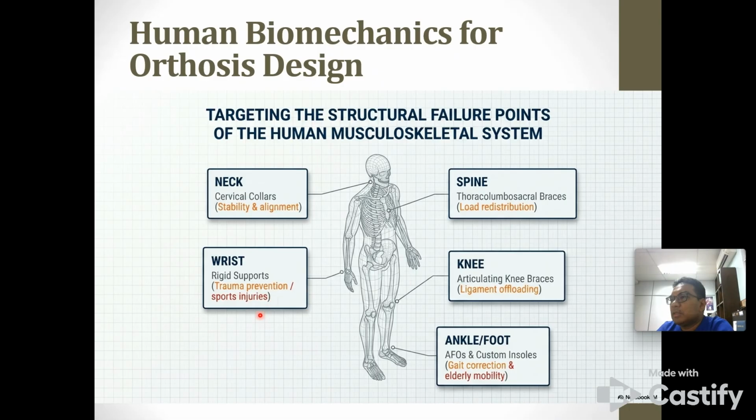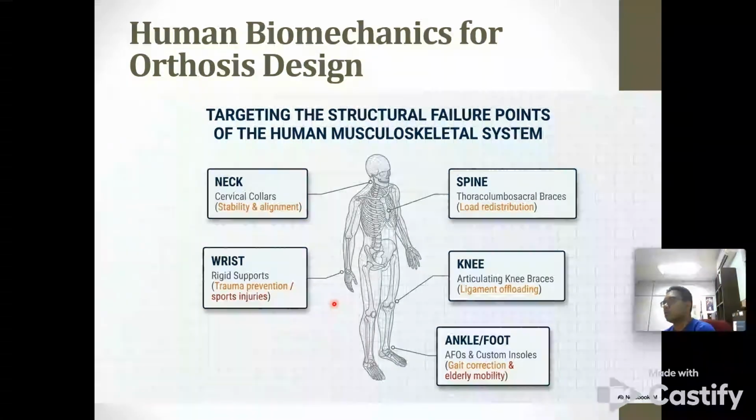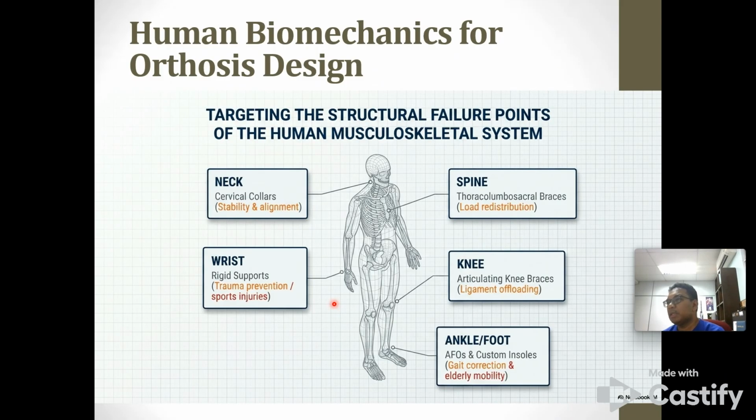For the wrist, it is more about trauma prevention because of sports injuries. We use our hands and wrists in a lot of sports, like badminton, so sometimes we need to do some protection.